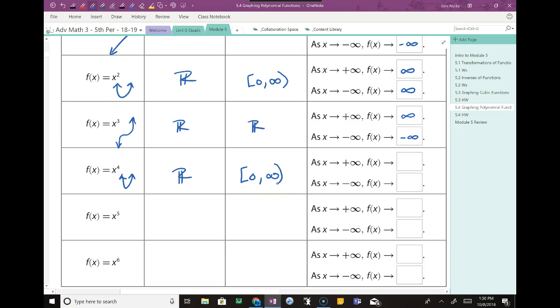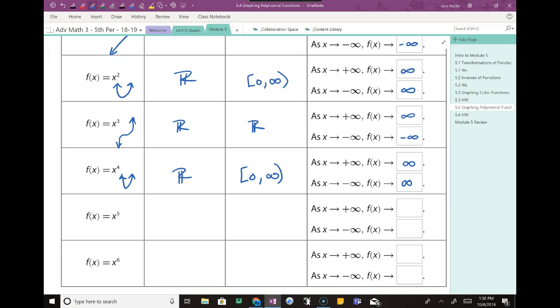Okay, your end behavior, as x approaches positive infinity, your y approaches infinity. And as x approaches negative infinity, your left hand is going to infinity. So x to the fourth, both ends are going to the same place, right?